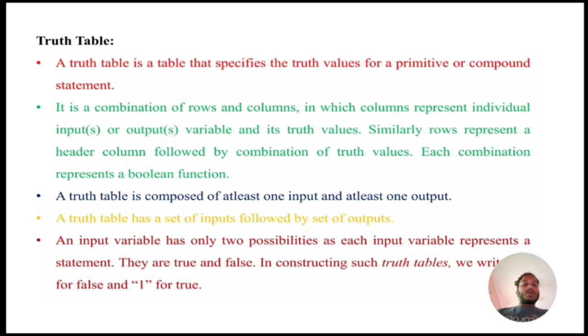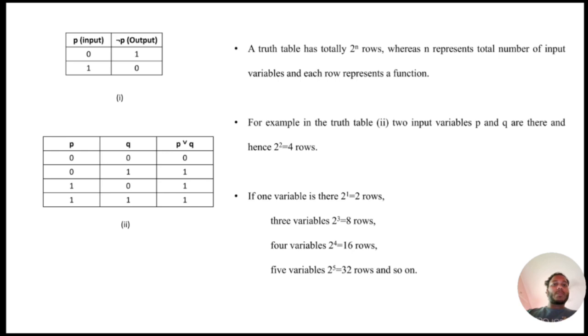Input values have only two possibilities, as input variables represent statements that are true or false. In a truth table we write 0 for false and 1 for true. A truth table has 2^n rows, where n represents the total number of input variables, and each row represents a function.